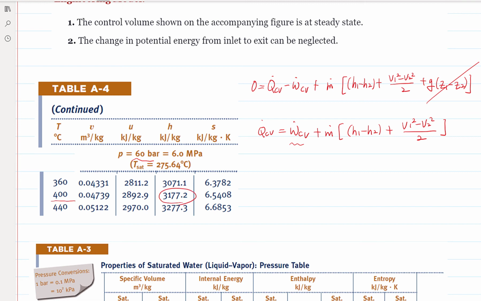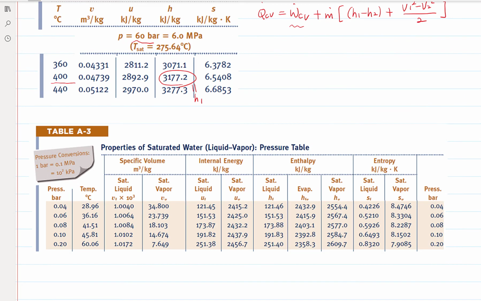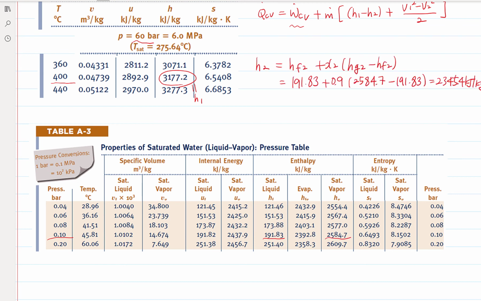So H1 is here. And at the exit, quality is given. We know that it's a saturated liquid vapor mixture. At 0.1 bar, enthalpy for the saturated liquid and enthalpy for the saturated vapor are shown here. So the enthalpy at the exit can be determined.